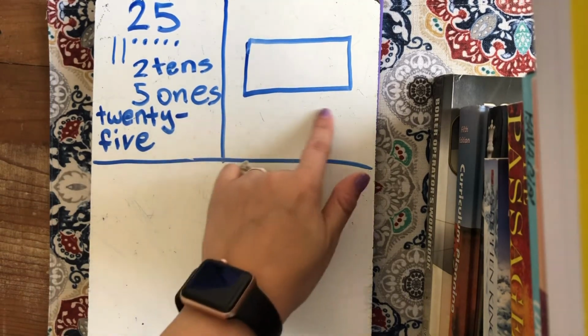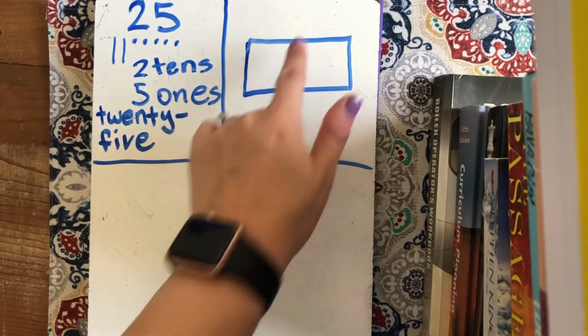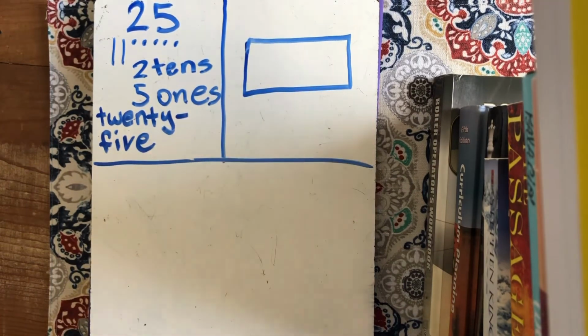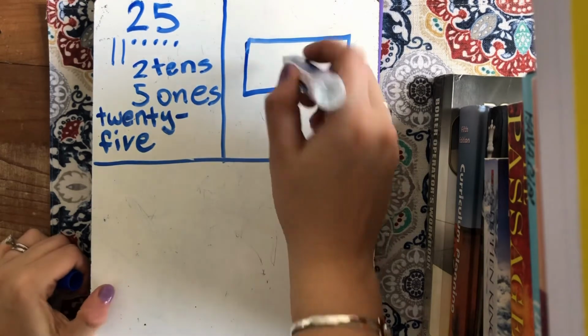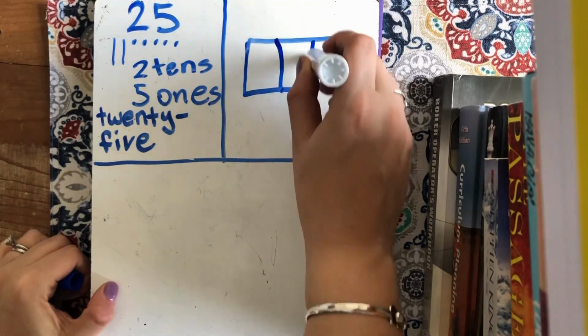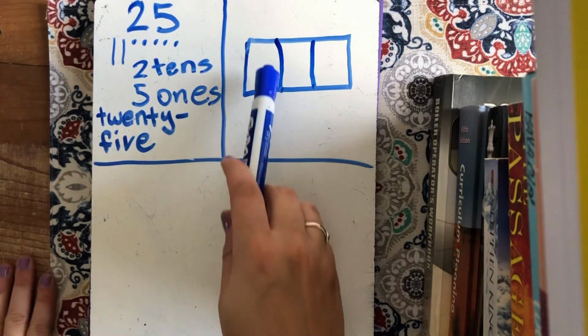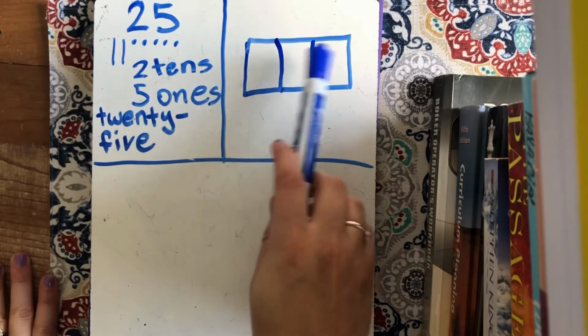It has two longer sides that are parallel with each other, and then two shorter sides that are parallel with each other. So it's not like a square where all sides are equal. This is a rectangle. So let's divide up our rectangle into thirds. That means we are dividing into 3 pieces. 1, 2, 3.